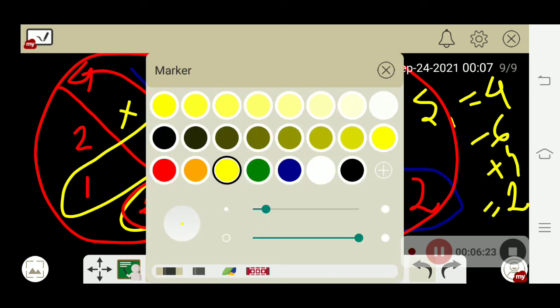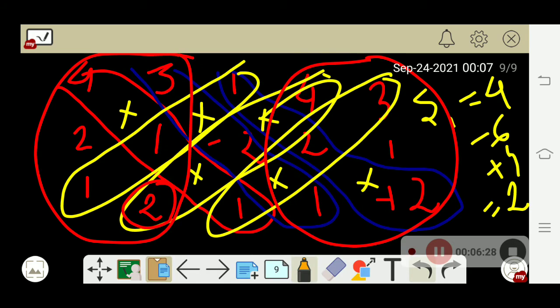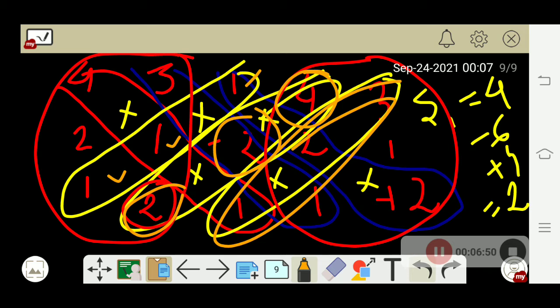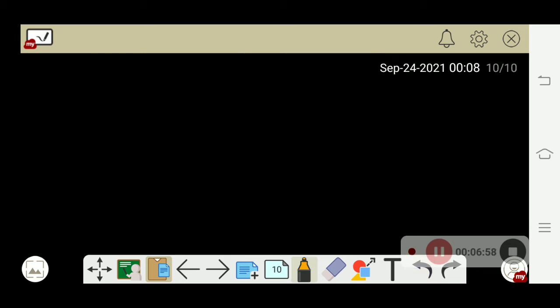Here we get 1 1 1. 4 into 2 into 2 is 16, minus 16. So 1 minus 16 is minus 15, minus 15 plus 6 from here is minus 9. So S2 is minus 9.